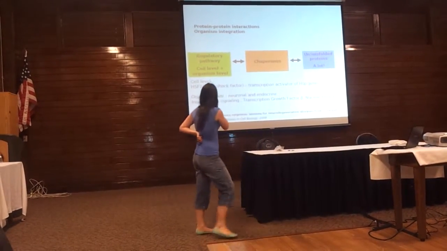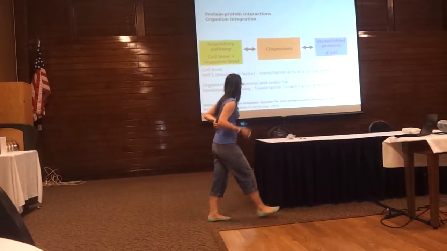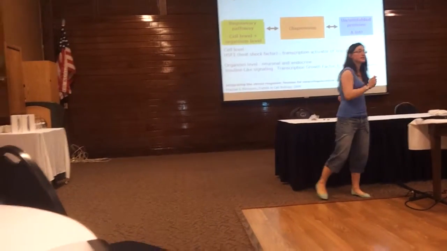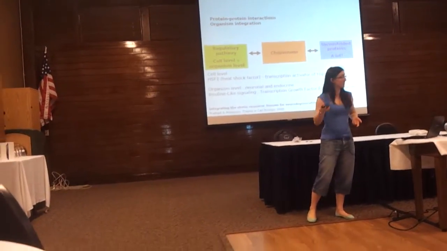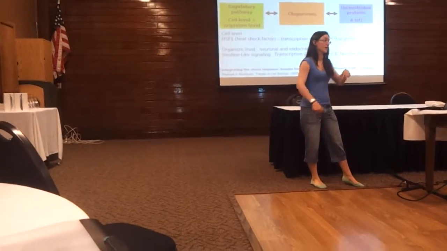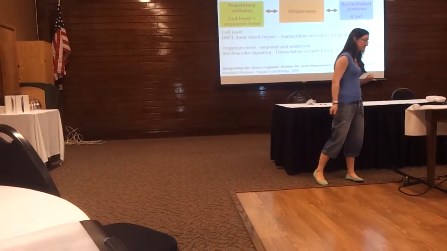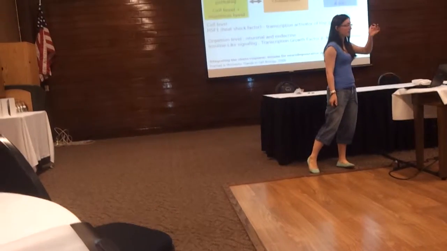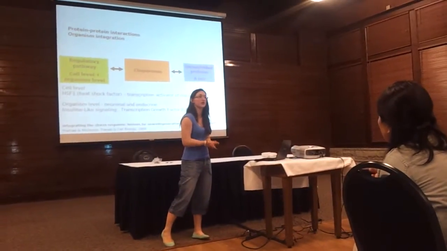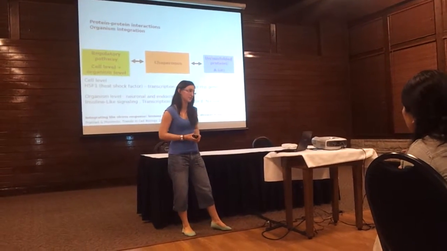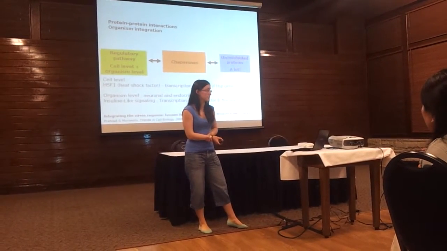I'll just talk about insulin-like signaling. They have shown that in C. elegans some cells have insulin-like ligand receptors, like some neurons and gut cells. In these cells, when the insulin ligand binds to the receptor, it affects HSP gene expression.